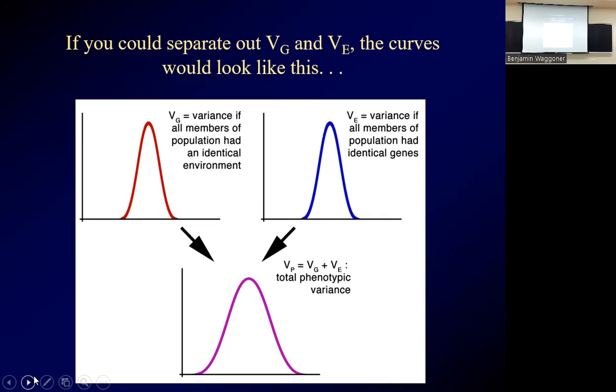And in that case, V sub G would be 0 because our plants are all clones of each other. There's no genetic variation at all. And the only variance that's left would be variance due to the environment, if we put our cuttings in different greenhouses with different amounts of water and sun and what have you.